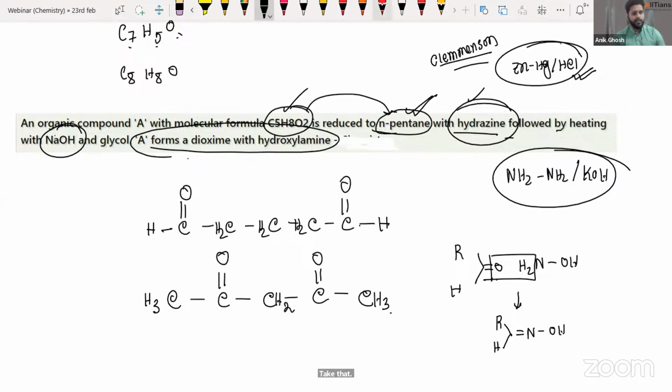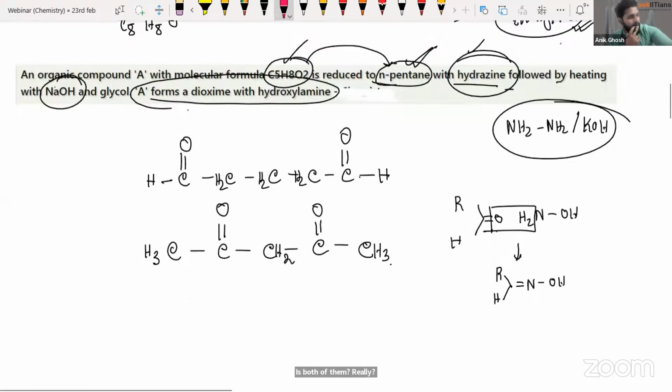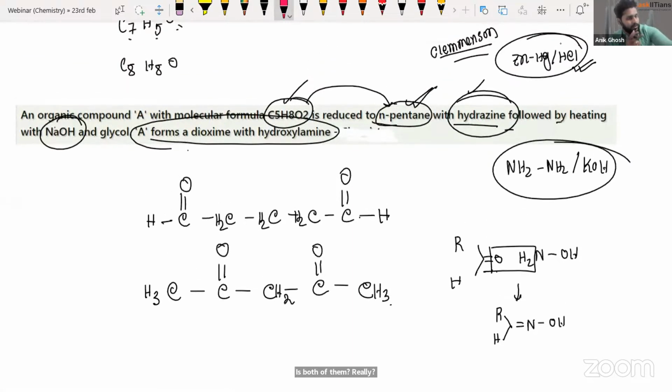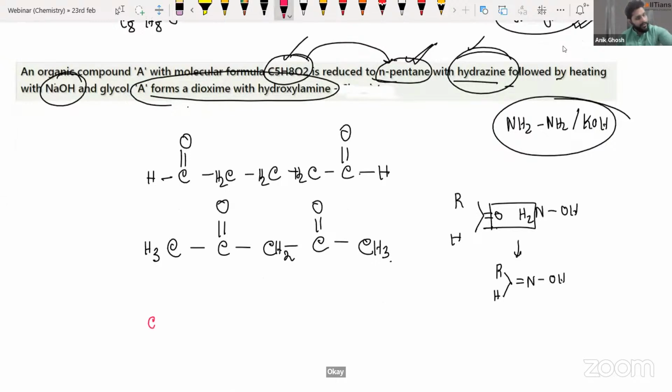Are both of them matching? Really? Okay, fine. It's both of them. And there can be another possibility, no? One aldehyde, one ketone. That's also there.